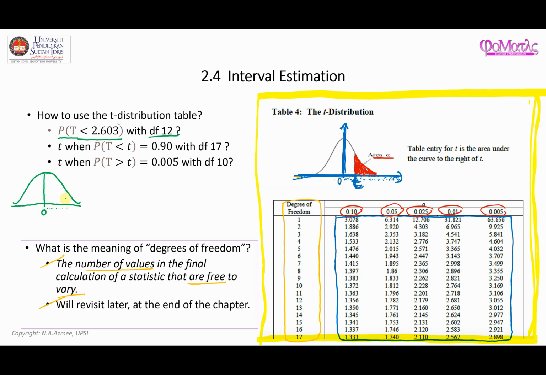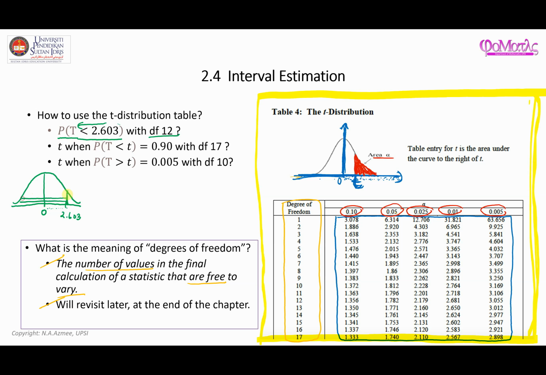The random variable t is less than this value, so that means you are going in the left direction. Basically it is asking to find the probability going to the left.